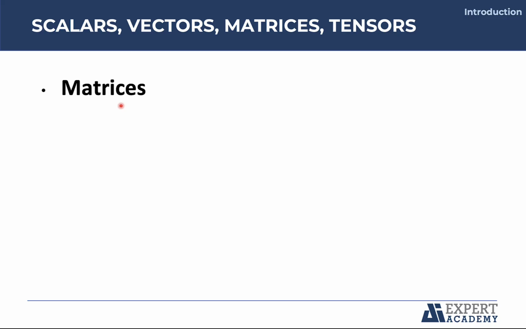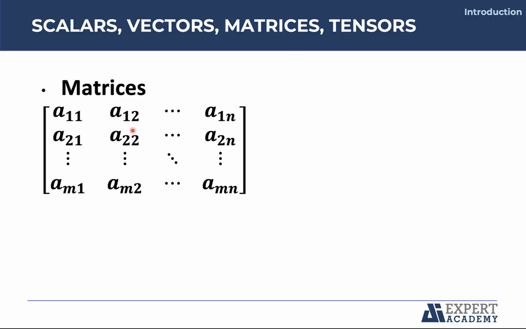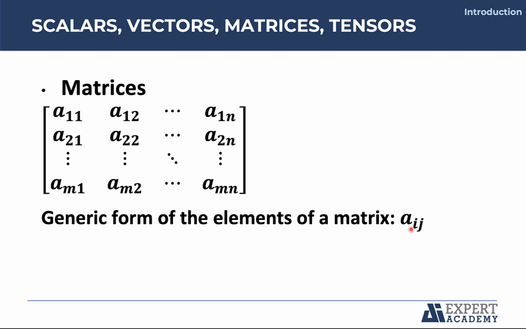Matrices are mathematical objects represented as rectangular tables with a variable number of rows, letter N, and columns, letter M. Each element of the array can be referred by the indices i and j. i is the location in the row and j is the location in the column.